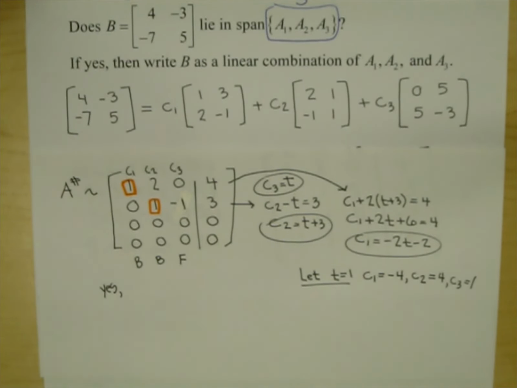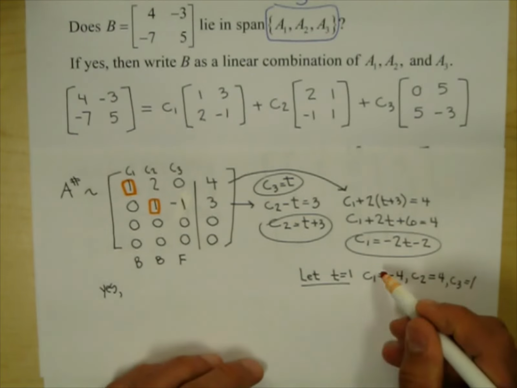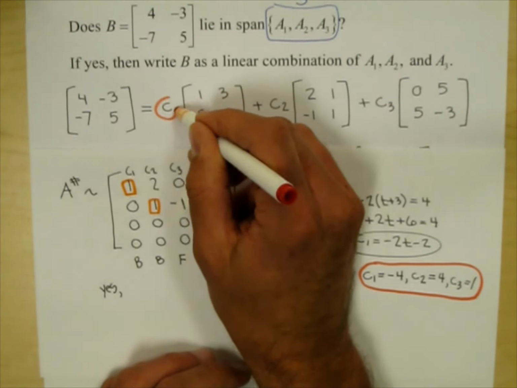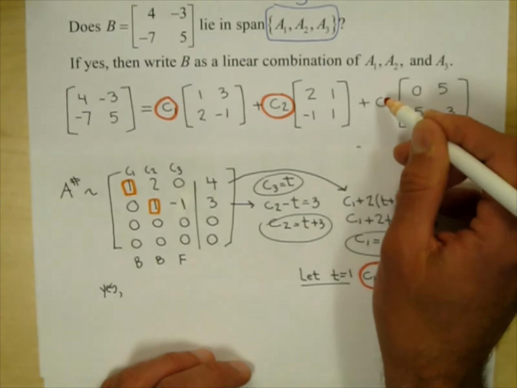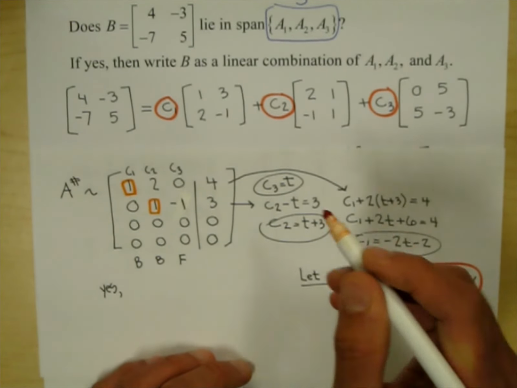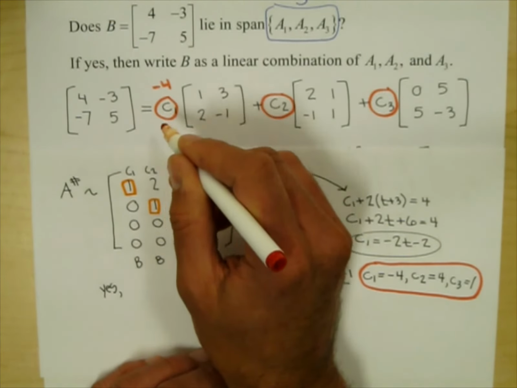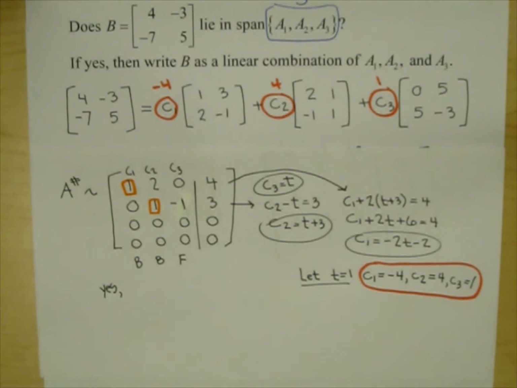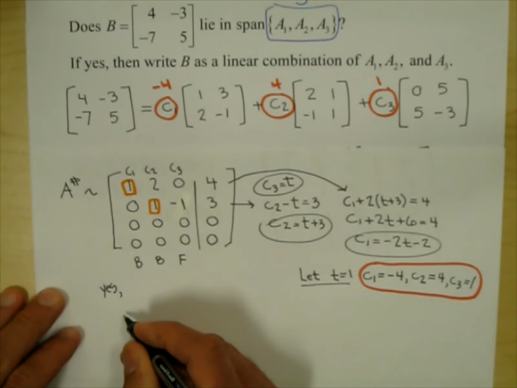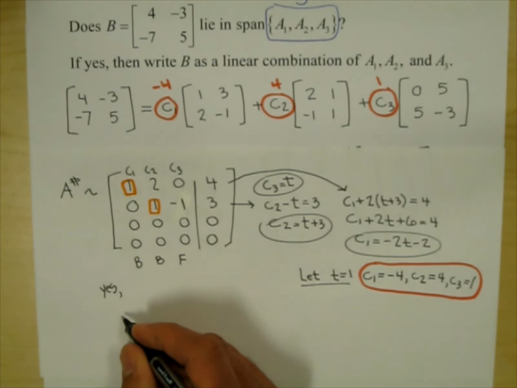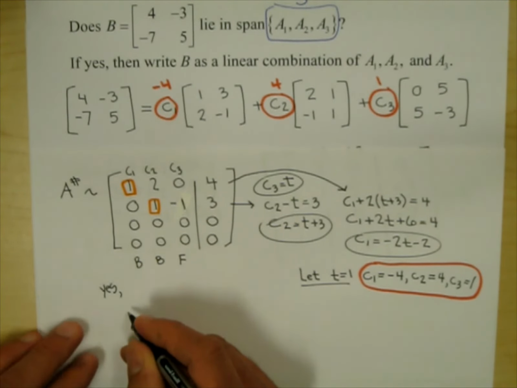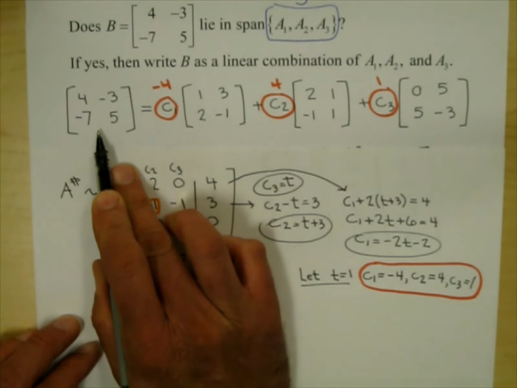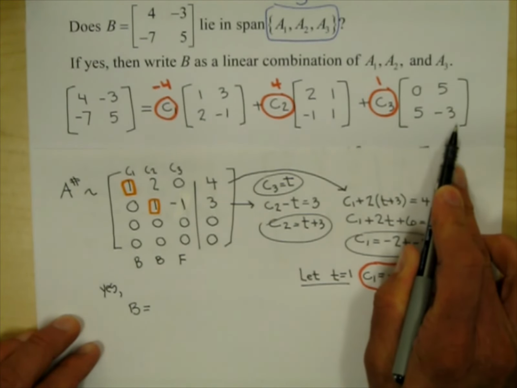So look at this. Let's circle these guys right here. These guys go right here. There, there, and there. So you could put a -4 there, 4 there, and a 1 there. And so I'm going to go ahead and write out my answer. It says, if the answer is yes, write B as a linear combination. So watch this. B equals, so there's B. I'm just writing this equation down, but I'm lazy, so look what I'm going to do.